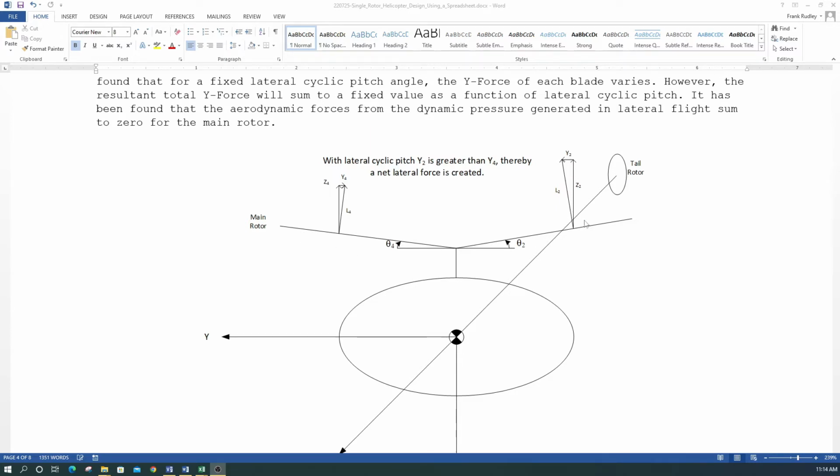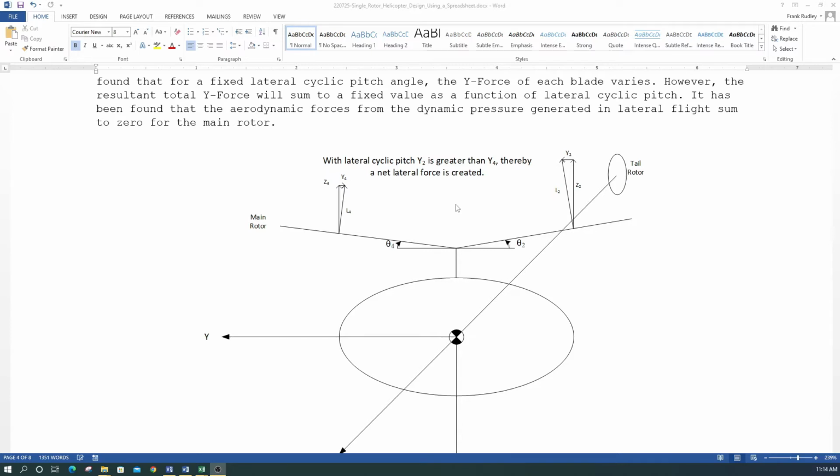So what happens is the lift becomes higher on this blade and lower on this blade. So we generate the y2 force from blade 2 greater than the y4 force from blade 4. So this causes the helicopter now to move towards its right.